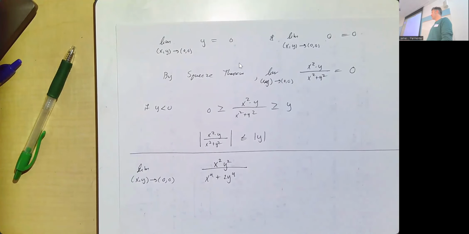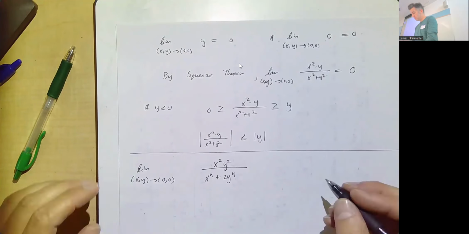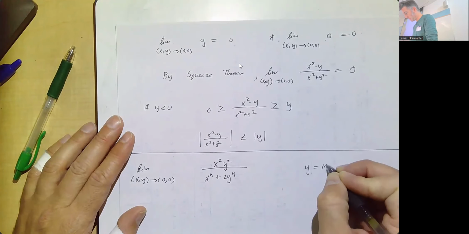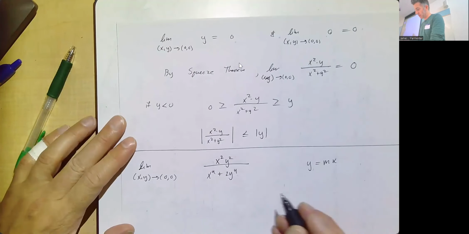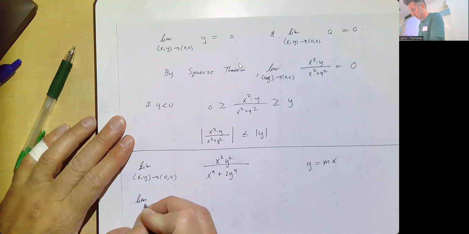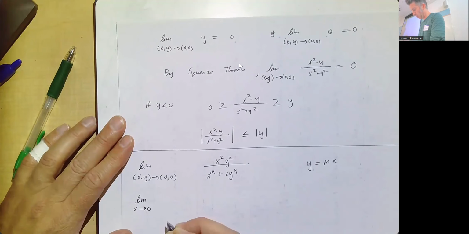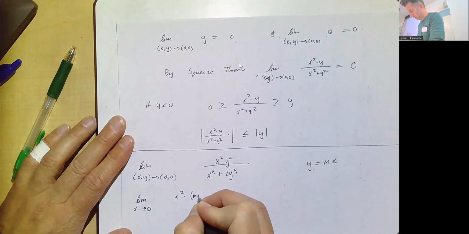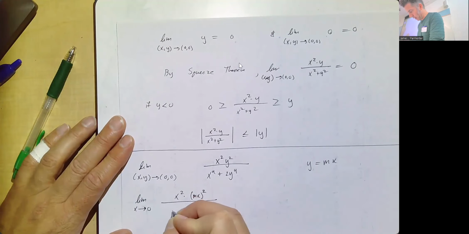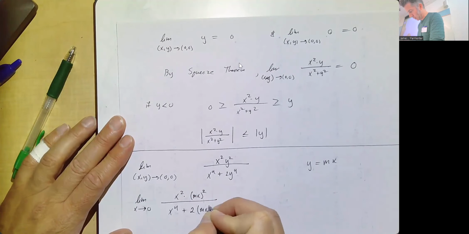So sometimes it is nice to try y equal to mx. The reason this is nice is because if the limit doesn't exist, it's usually easy to see that it doesn't exist using this method. So I'm going to sub in y equal to mx. So when I do that, I'm going to have the limit as x goes to 0, x squared times mx quantity squared over x to the 4th plus 2 times mx quantity to the 4th.